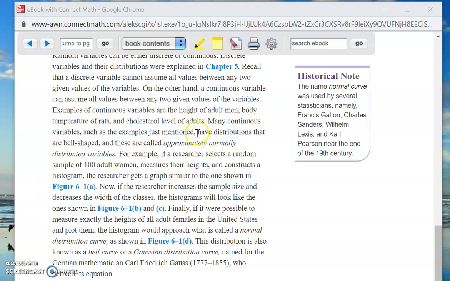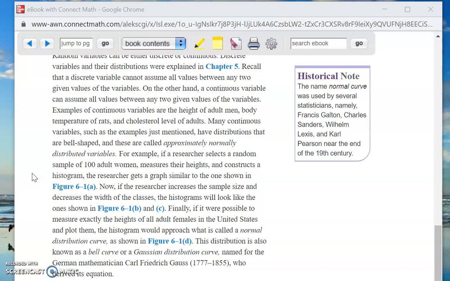Now, many continuous variables, it just seems like this is the way the world is set up, have distributions that are bell-shaped. These are called approximately normally distributed variables. So the bell shape alone does not make it a normal distribution.